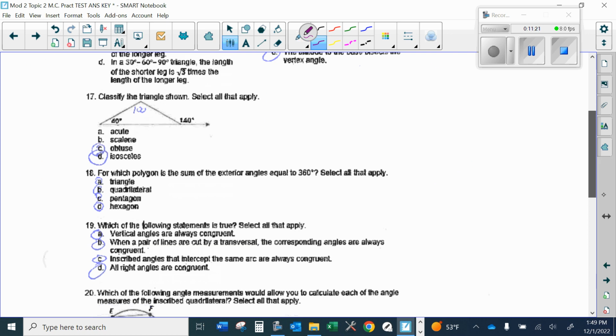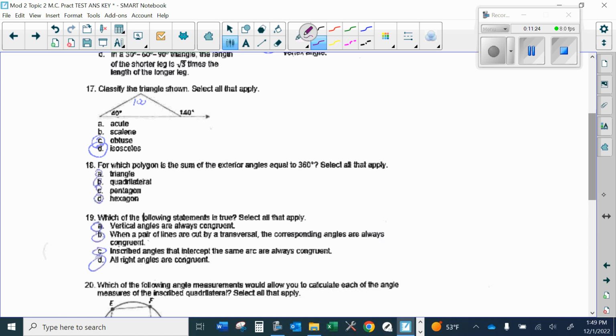All right, 17. Select all that apply. Well, if that's 140 degrees and that's 40 degrees, then this makes it 100 degrees because that's an exterior angle. Exterior angle theorem says it equals the sum of the two remote interior angles. So 140 equals 40 plus what? 100. And so if that's 40 there, that's 100 there, then this also has to be 40.